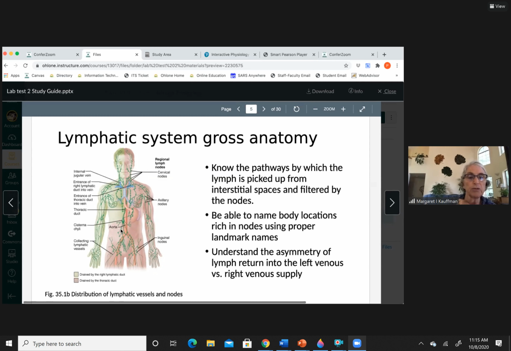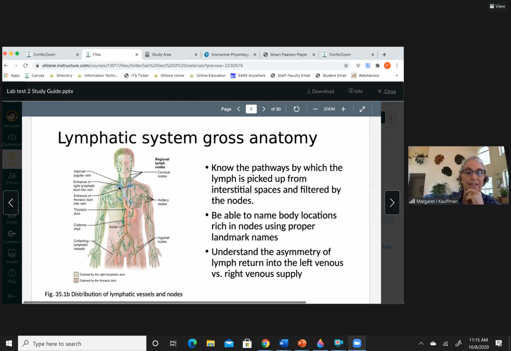The other thing to note, and the color coding here is showing you this, is that the lymph is kind of asymmetrical. The lymph draining from all your legs, your abdomen, and much of your thorax, although not all of it, and your left arm, left shoulder, and left side of the head all enters back into the blood at the left subclavian jugular junction, through the thoracic duct.